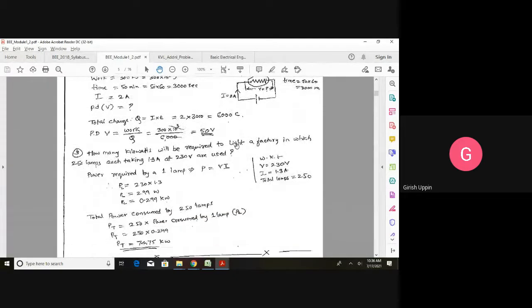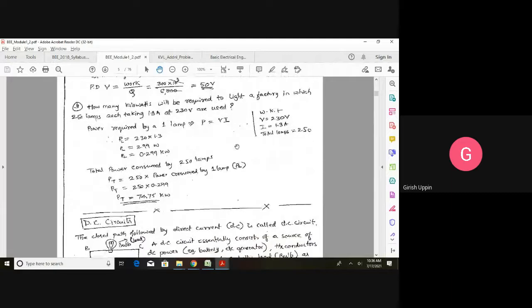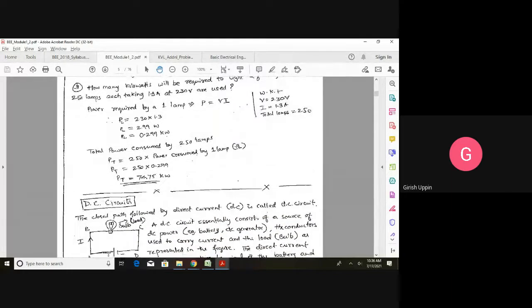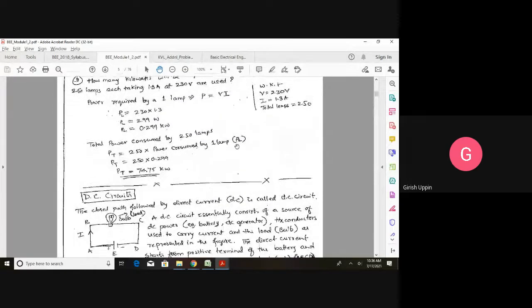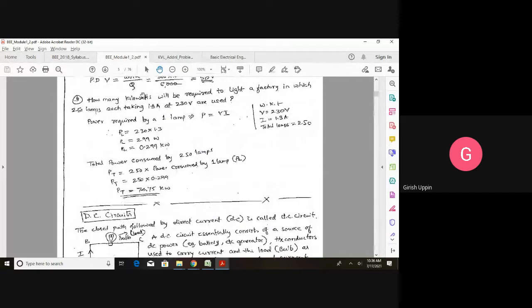We will not go through all the problems. We can take this simple problem. How many kilowatts will be required to light a factory in which 250 lamps, each taking 1.3 amperes at 230 volt, are used? Here you have to calculate how many kilowatts, that means how much power is required.